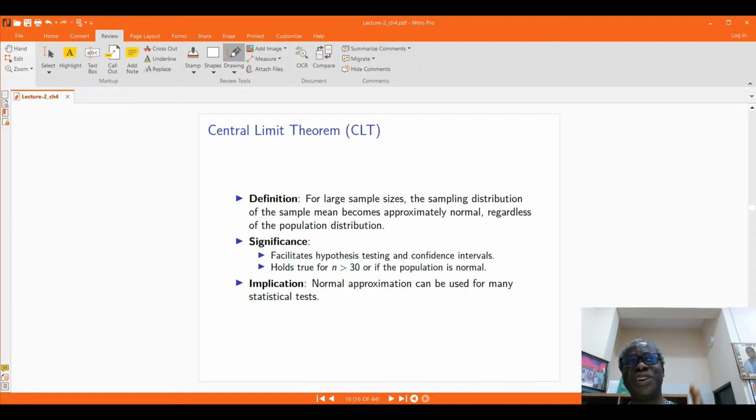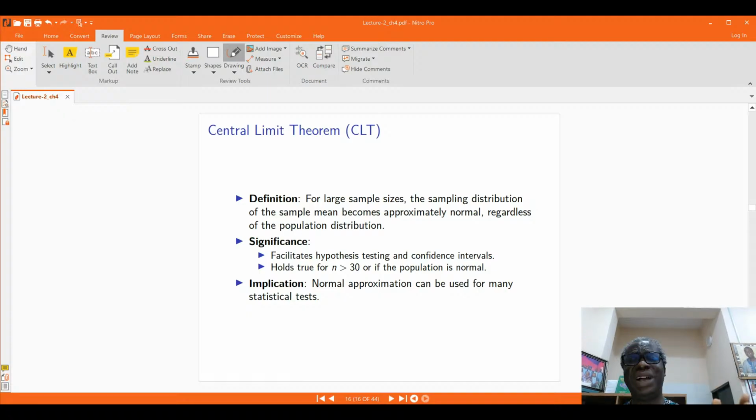But this theorem now is saying even if the parent population is not normal, if the shape is not symmetrical, regardless of the population distribution, it could be any other distribution. There are many distributions, gamma, whatever.